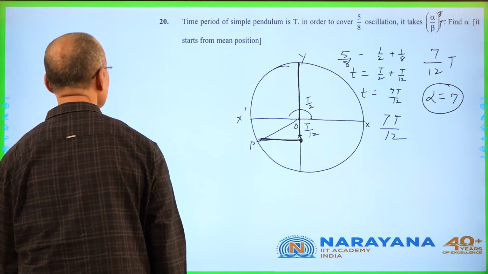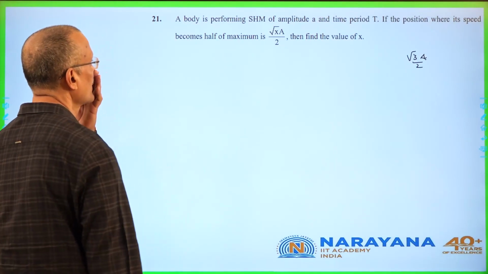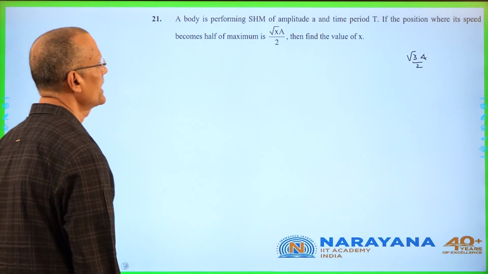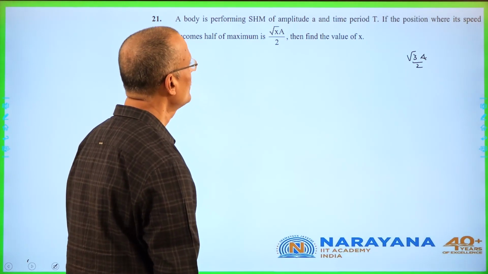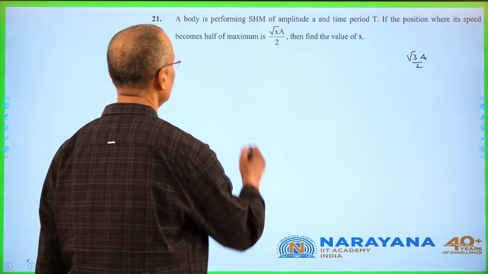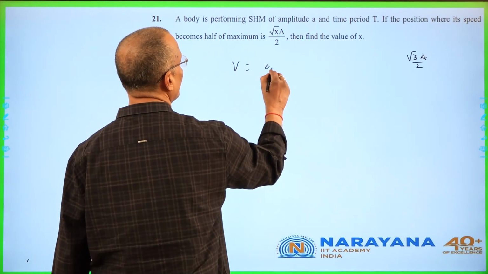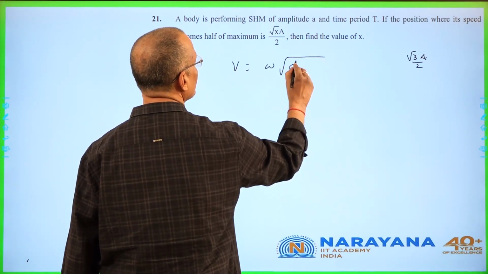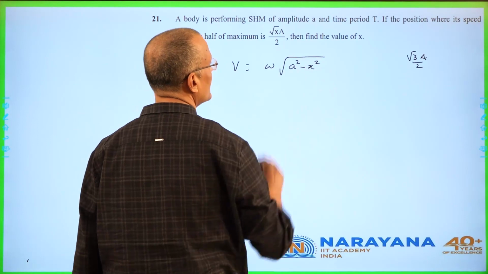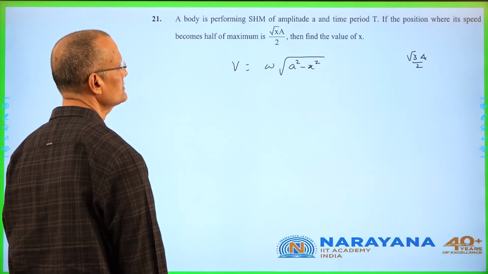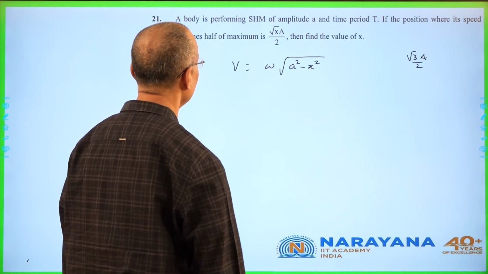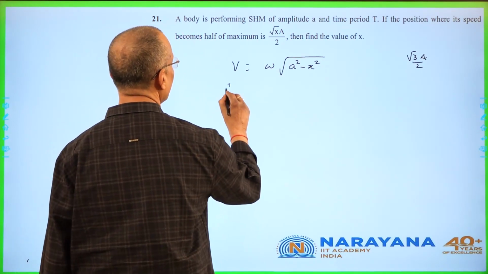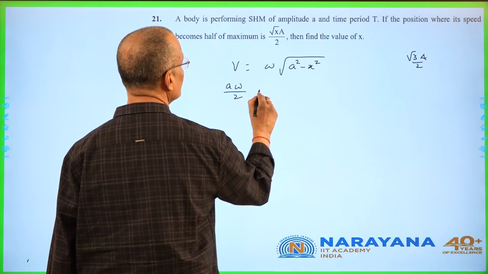Question number now 21. You have a body performing SHM with time period T, position where its speed becomes half. Speed formula is omega under root A squared minus x squared. They are telling you speed becomes half of the maximum value. Maximum value you know is A omega by 2.